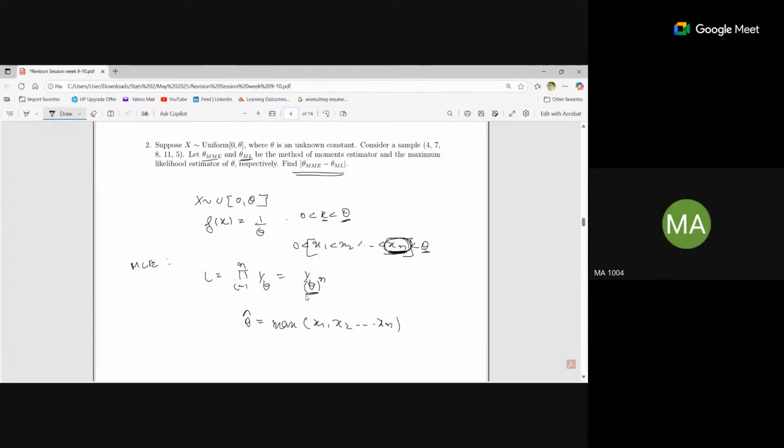So I can't estimate the value of theta with the help of log. The main important thing for the maximum likelihood estimate is that we have to maximize this likelihood function. That's the main thing we are doing in the question. So if I have to make this value maximum, the denominator part should be the lowest, right?